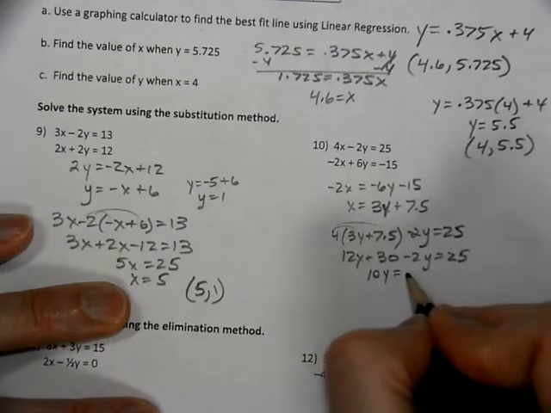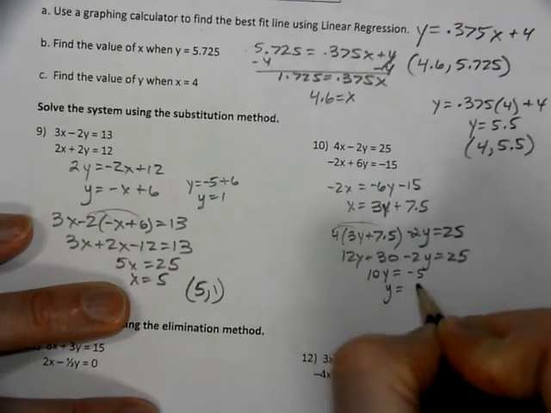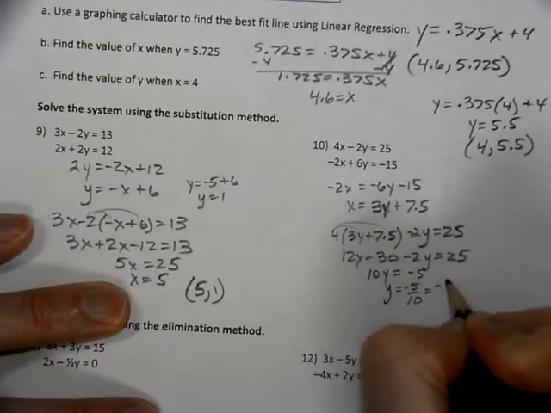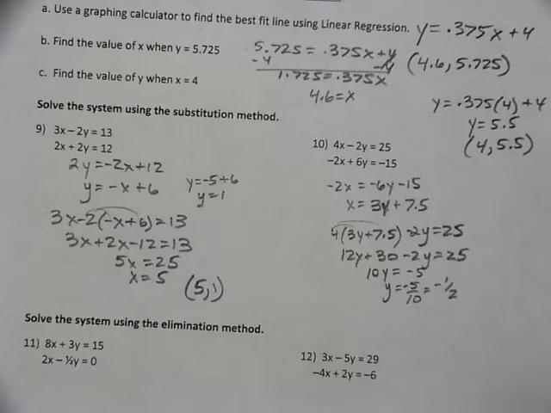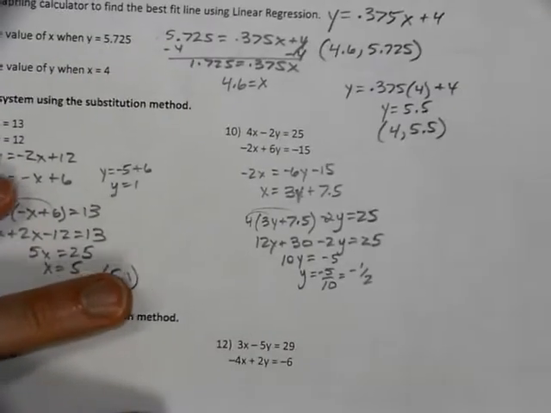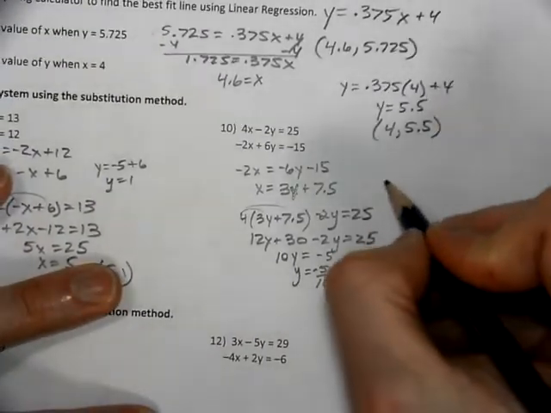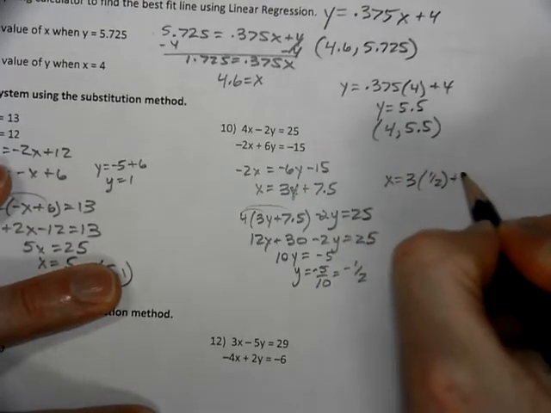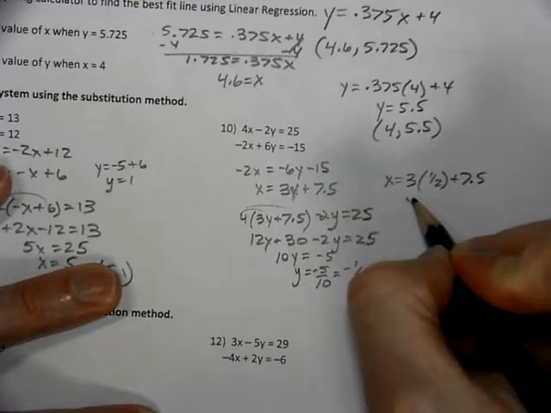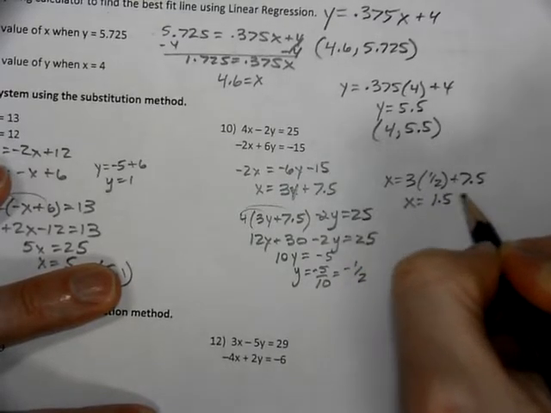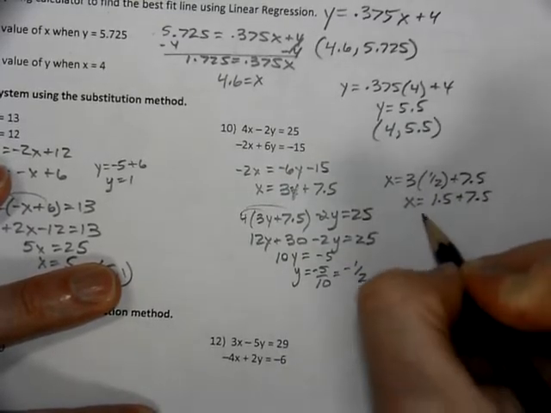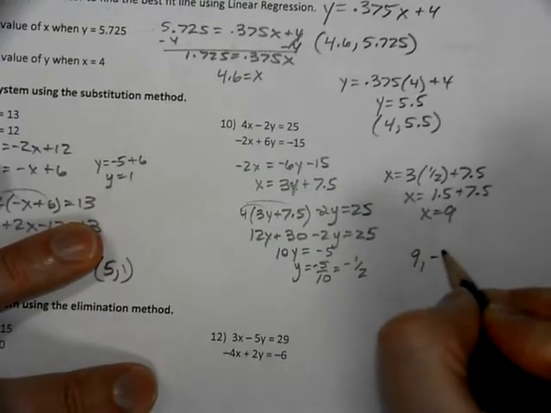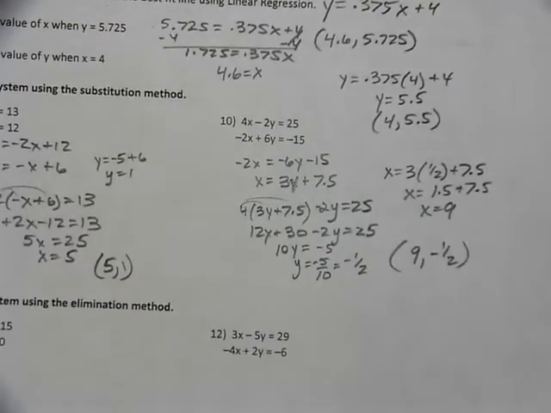Subtract this across to get negative 5, and y equals negative 5/10, which is really negative a half. And when y is negative a half, that gives us 1.5 plus 7.5, which gives us 9. (9, negative 1/2).